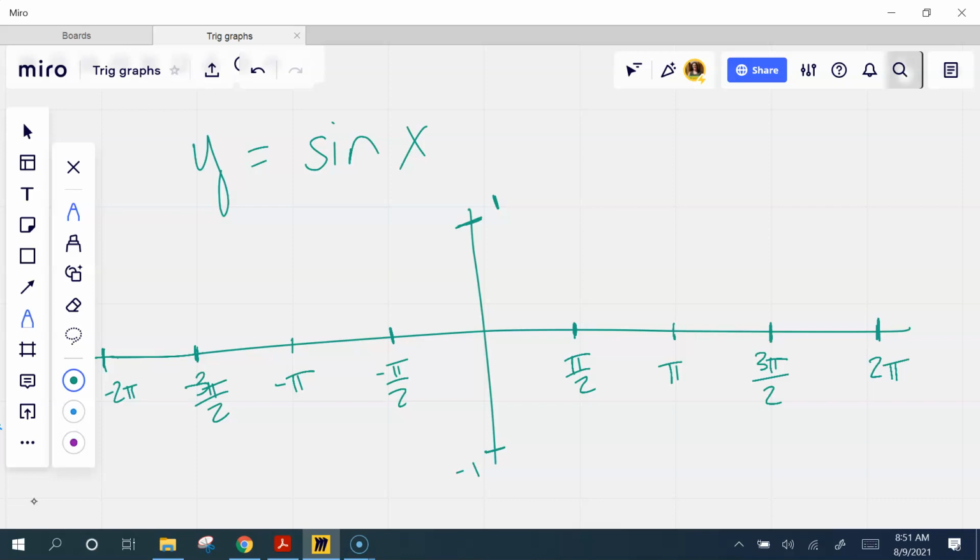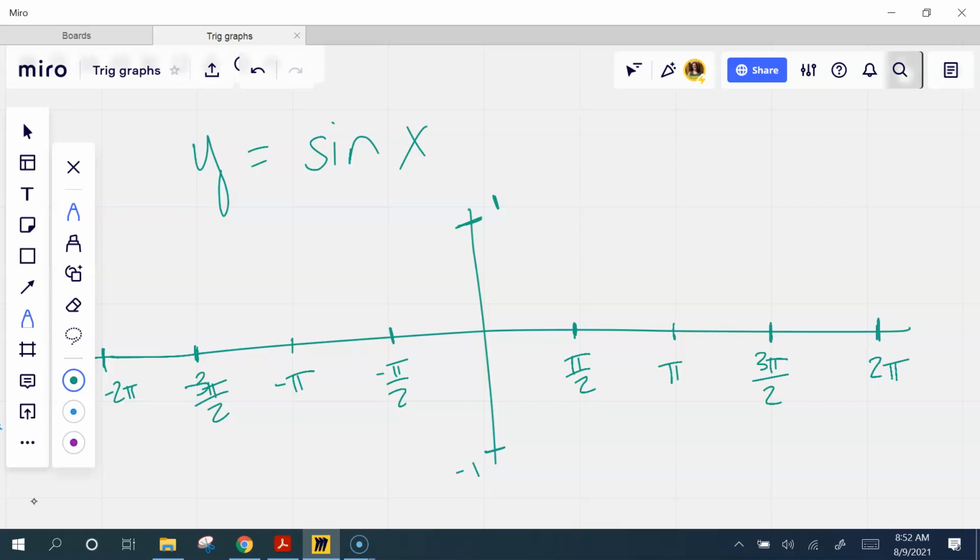An asymptote is that invisible boundary that the graph never touches. It can't take on that value. In pre-cal, or at the end of Algebra 2, you learned about horizontal asymptotes when it's top heavy, bottom heavy, or the same, and if you were dividing by 0, that gave you a vertical asymptote.